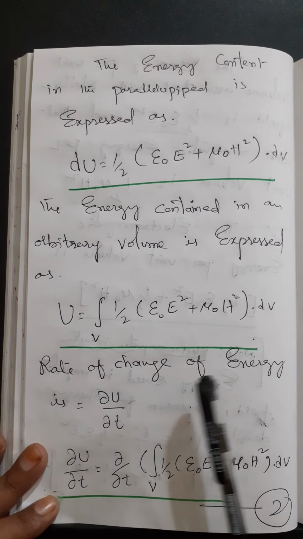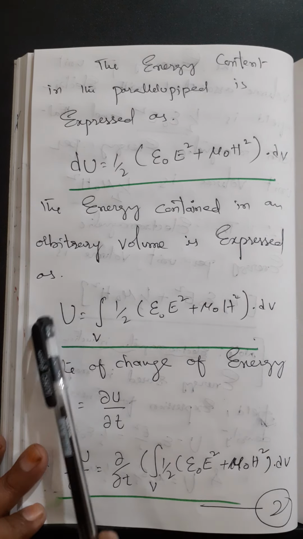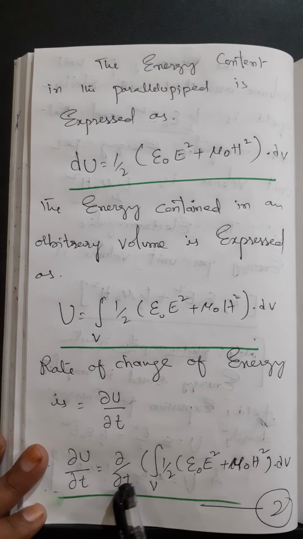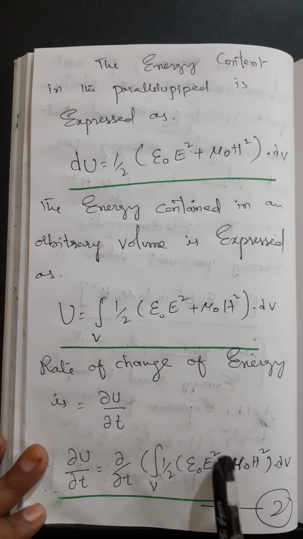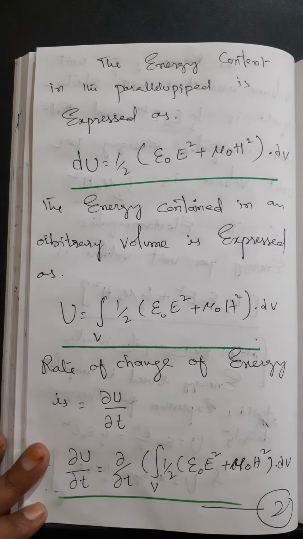Now the rate of change of energy is dou U by dou t. We know this. So dou U by dou t can be written as dou by dou t of the integral of 1 by 2 times epsilon naught E square plus mu naught H square dV. Let us take this as equation number 2.